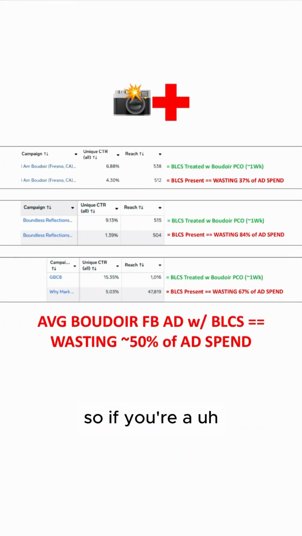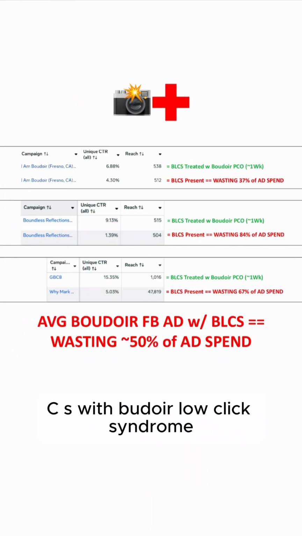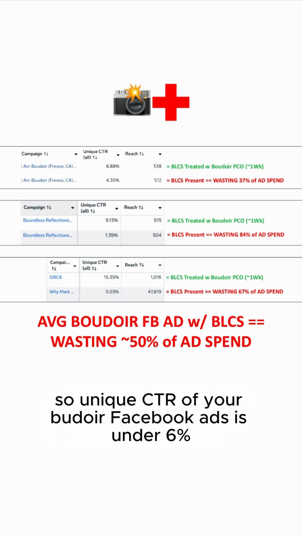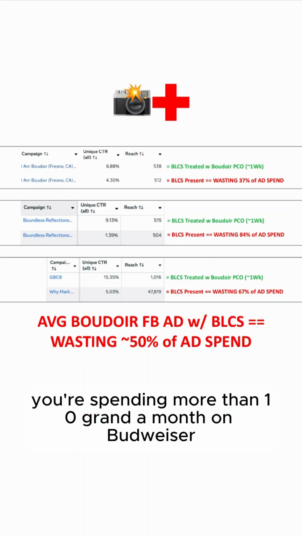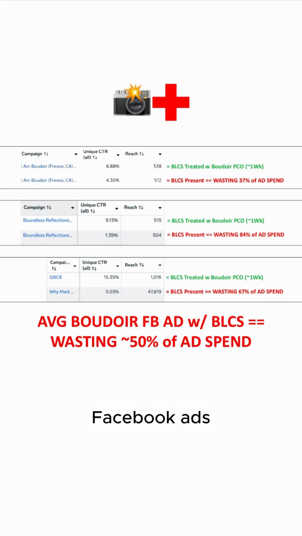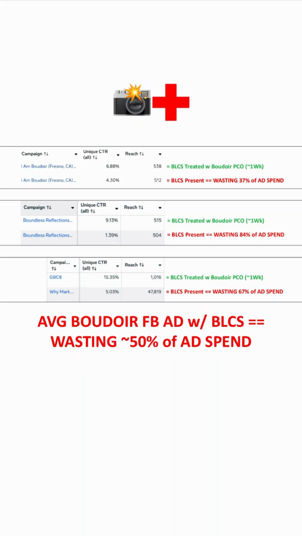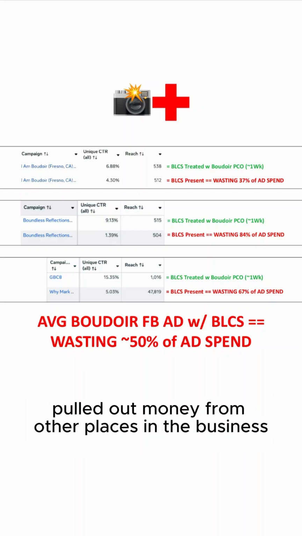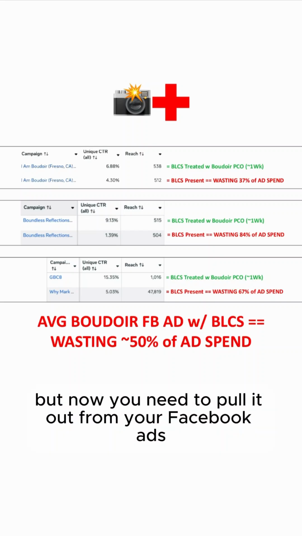So if you're a BLCA, a Boudoir low click advertiser with BLCS, with Boudoir low click syndrome, so unique CTR all of your Boudoir Facebook ads is under 6%, and you're spending more than 10 grand a month on Boudoir Facebook ads, and you decide you gotta get this BLCS fixed because you've pulled money out from other places in the business that you've been able to optimize, but now you need to pull it out from your Facebook ads.